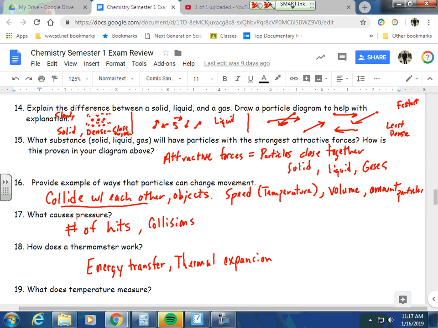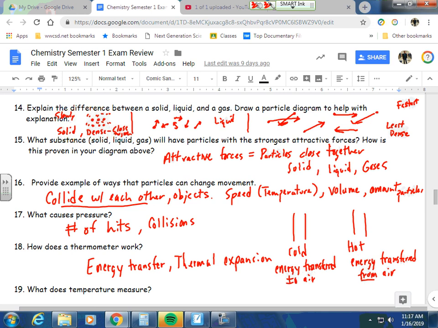If we have a thermometer in a cold environment, and then we have one in a hot environment, in the cold environment, the particles are going to transfer their energy to the air.